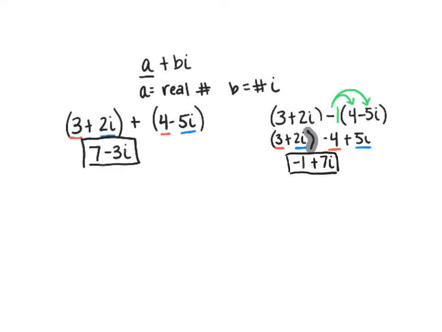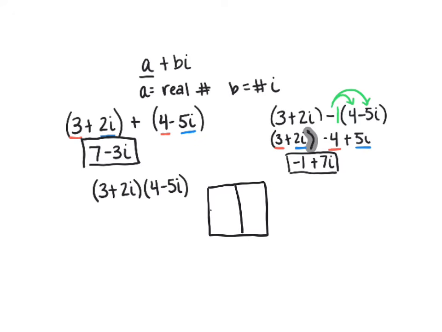So now we are going to multiply the two expressions together. So we're going to have 3 plus 2i times 4 minus 5i. Alright, so we've done equations that look like this that have x in there recently. So we are going to draw our handy dandy box that we've been using.